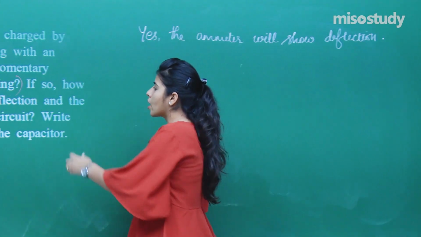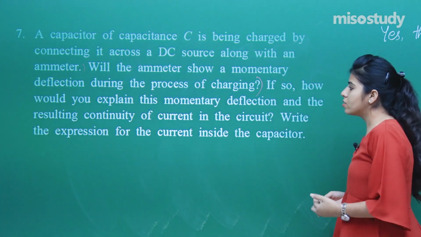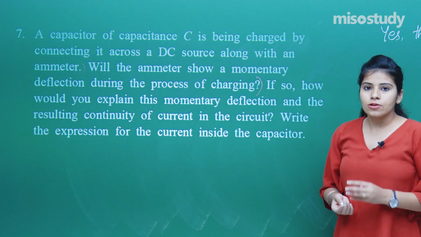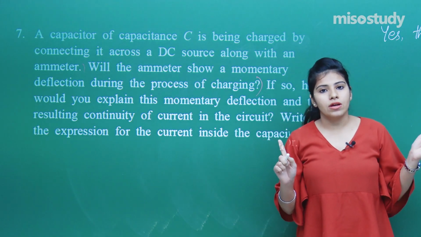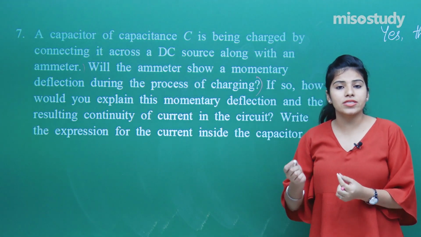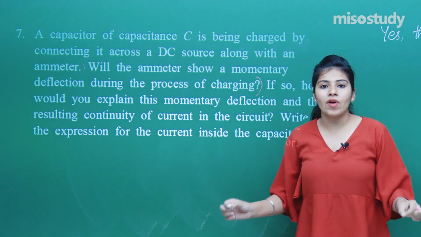Second thing, if so, how would you explain this momentary deflection and the resulting continuity of the current in the circuit? So let me tell you, first of all, the cause of the deflection. Why is the ammeter being deflected? The cause of the deflection is the conduction current which is flowing across the connecting wire.